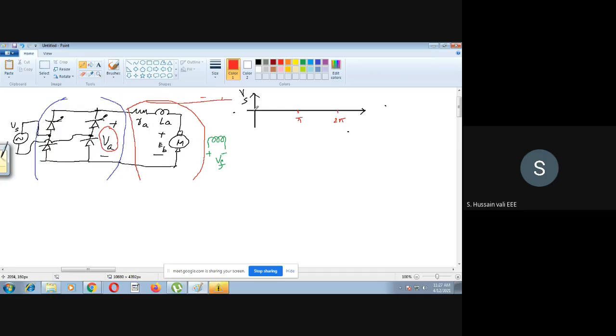So the supply voltage is sinusoidal. Okay, this is a sinusoidal waveform. Now a similar kind of expression we'll do here.